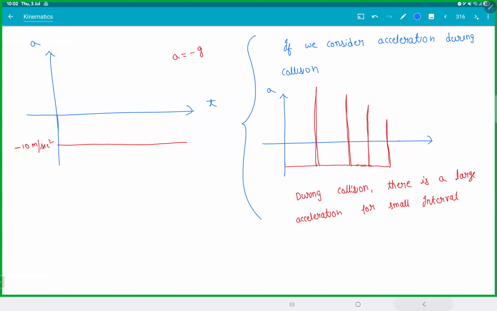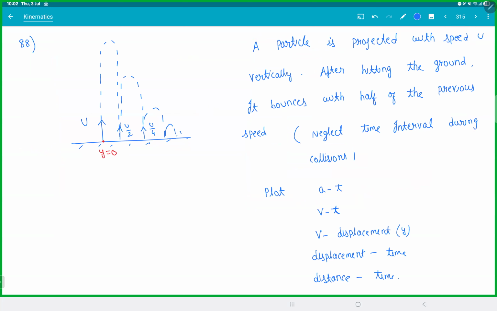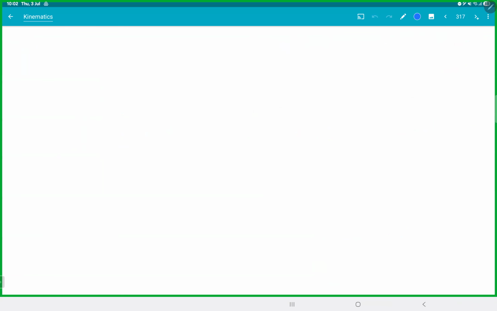How would we draw the VT graph? The VT graph looks like triangles, yeah. Drawing a graph is easy. I want more data points there. Look at the VT graph.